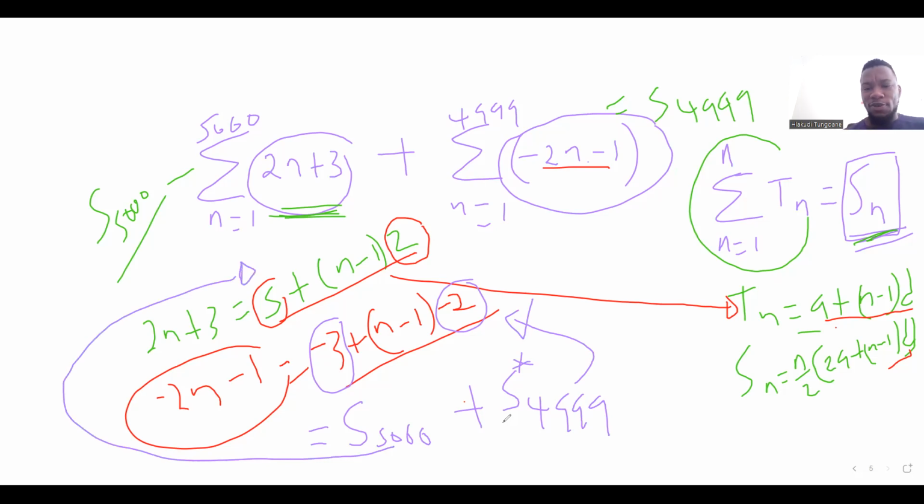Okay, so if we just do that, the answer is going to be: n is 5,000 for the first one, over 2, so it's 2a. What's a? A was 5, plus what's n? n minus 1. That's 5,000 minus 1. Okay, so what's the difference? The difference was 2.